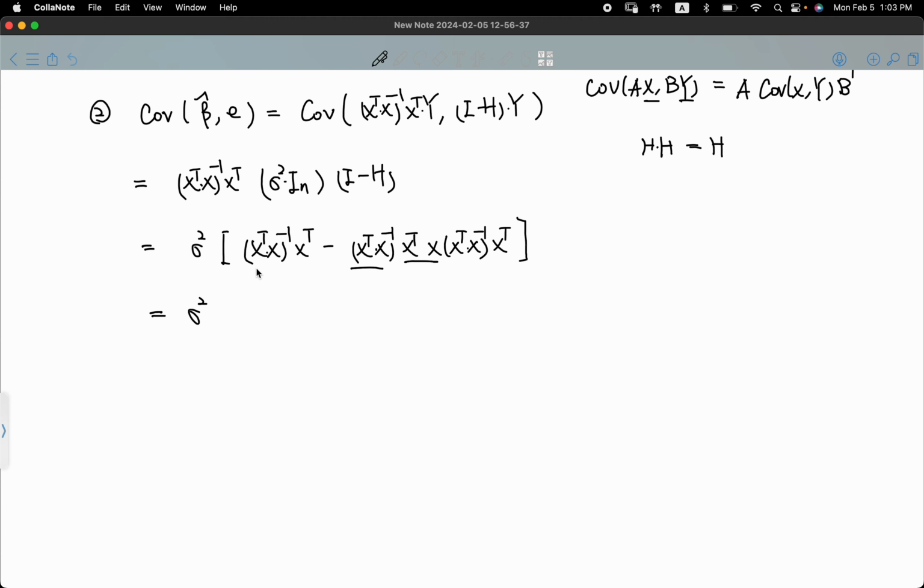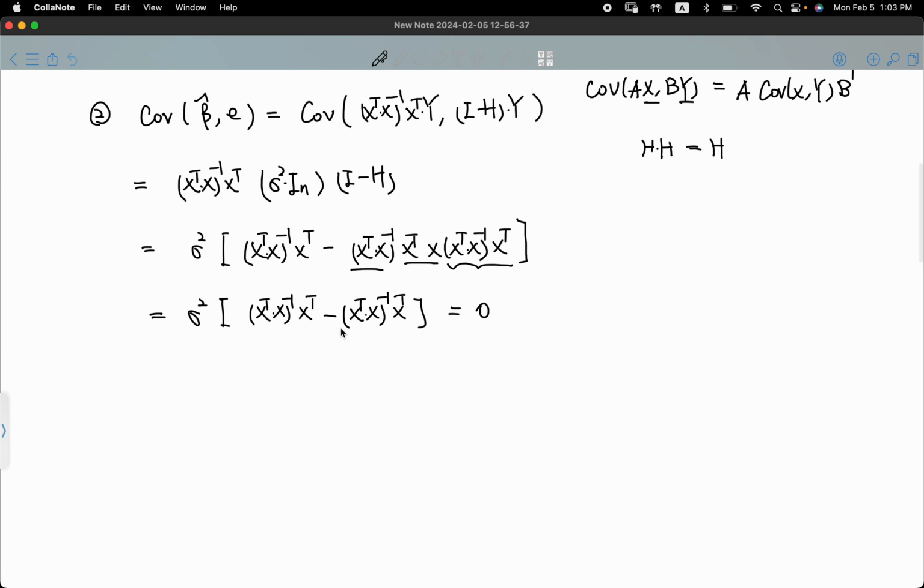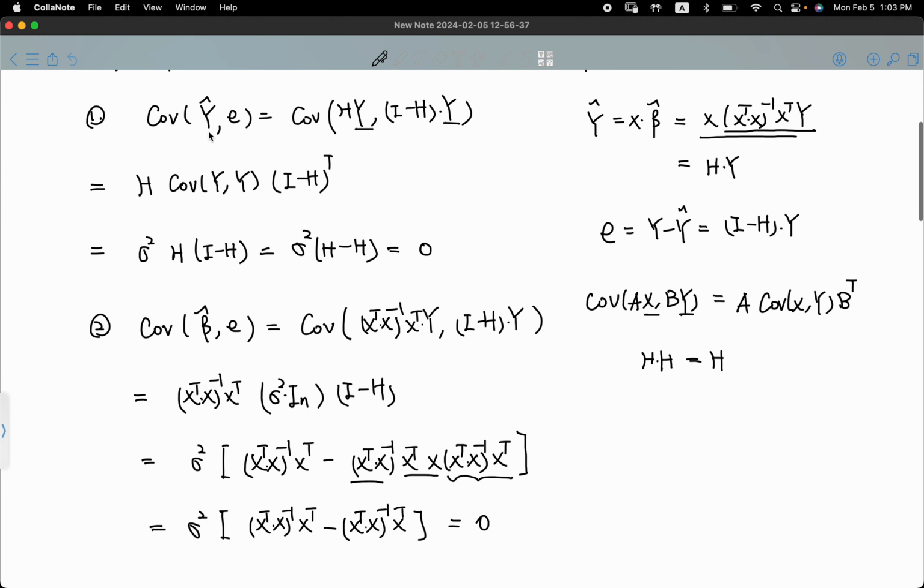We have sigma square times X transpose X inverse X transpose minus the same thing. We have another equation here: the covariance of that is equal to 0. So the covariance of your prediction and the residual is 0, and the covariance of your estimated coefficient and residual is also 0.